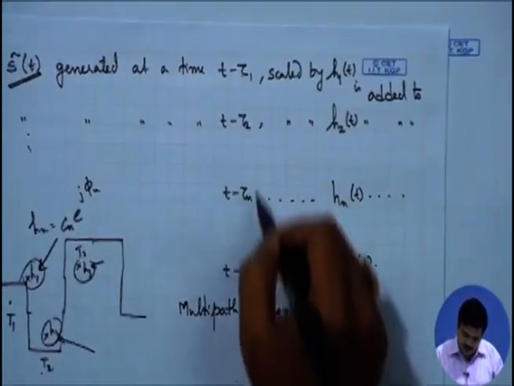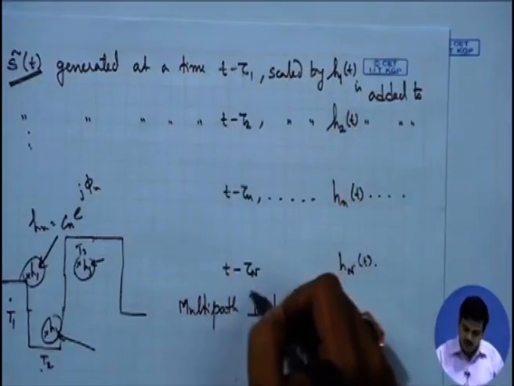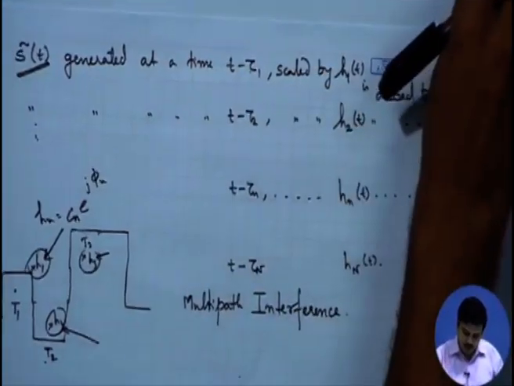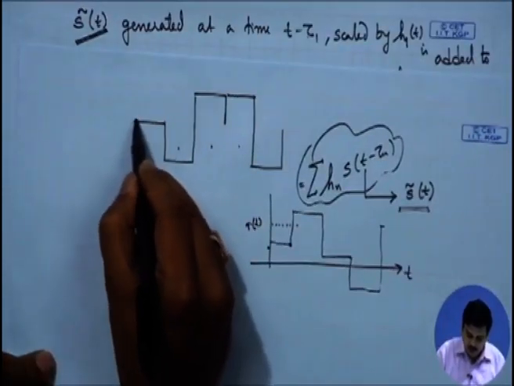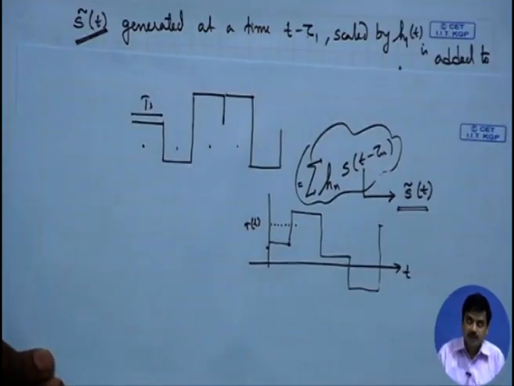Now, let us go a little bit further, and what we would assume is that these delays that we are suggesting over here are negligible compared to the symbol duration. So, what we mean is, if this is the symbol duration, the delays are very small.